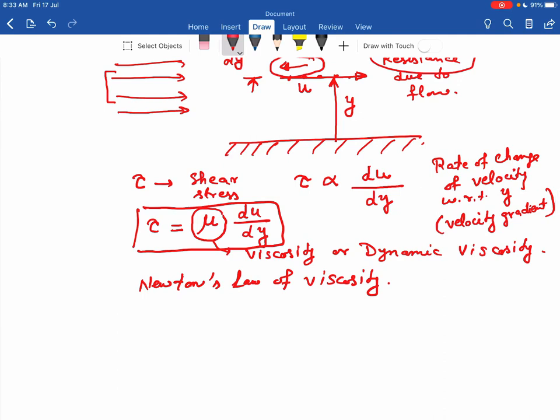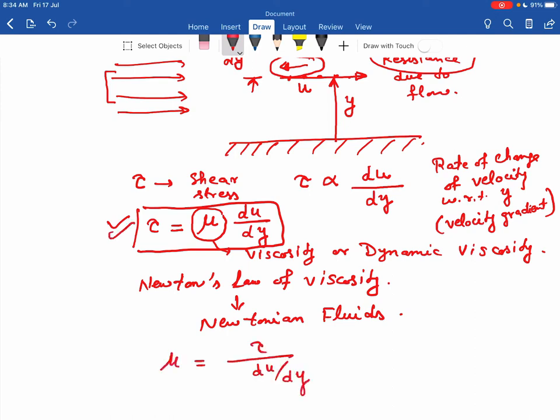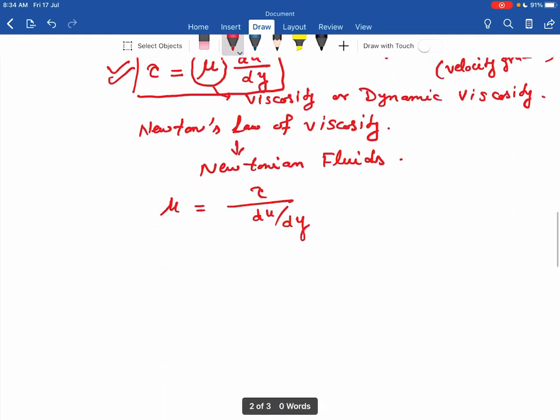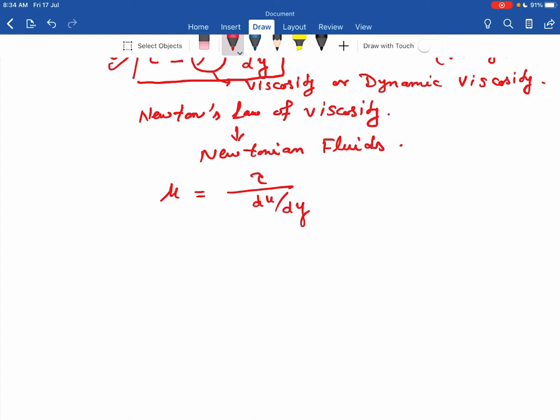As we studied earlier, the fluids which obey Newton's law of viscosity, we call Newtonian fluids. Next we try to define the term mu, the viscosity. From this relation, you can write mu is equal to tau divided by du by dy. Now say we consider a vertical element dy.